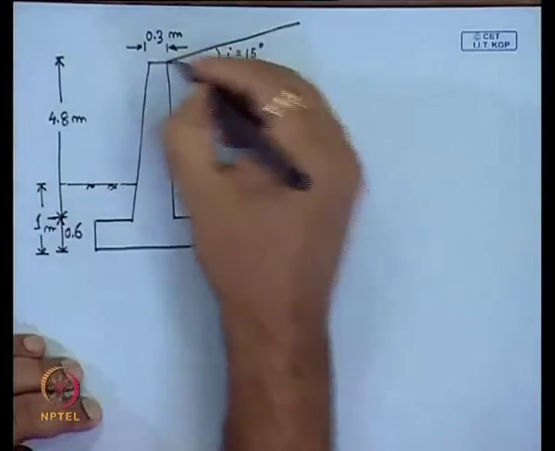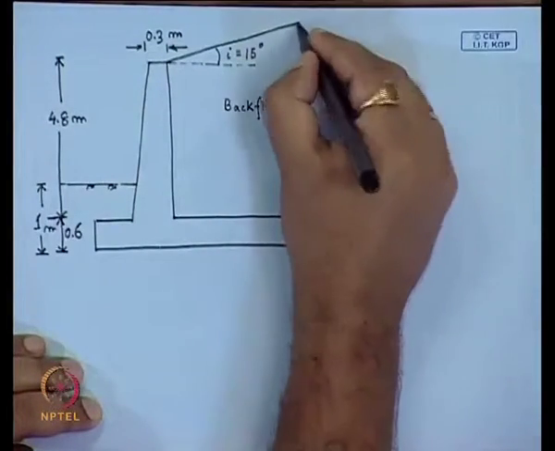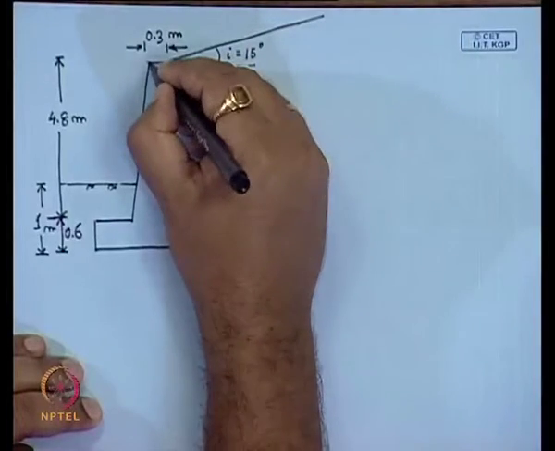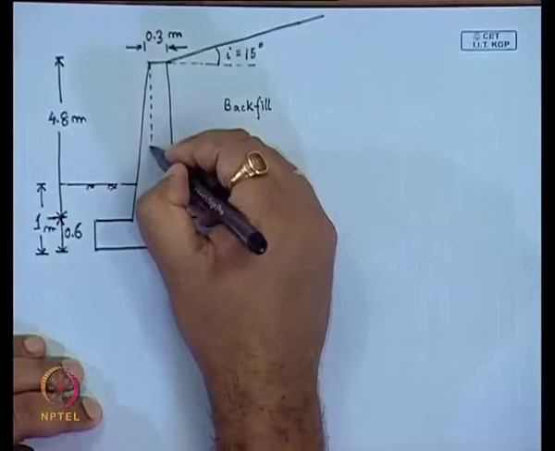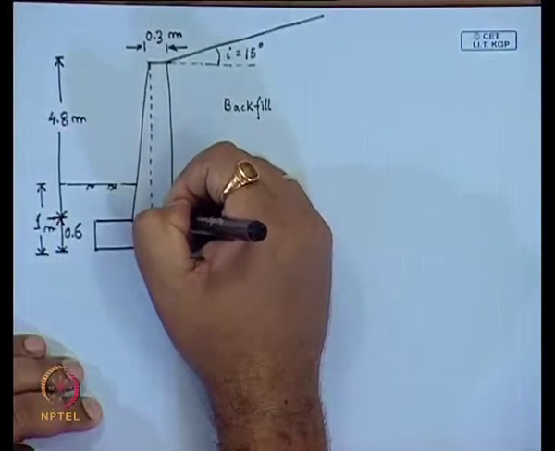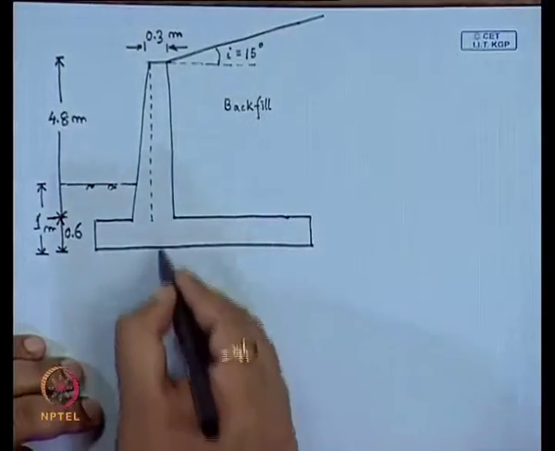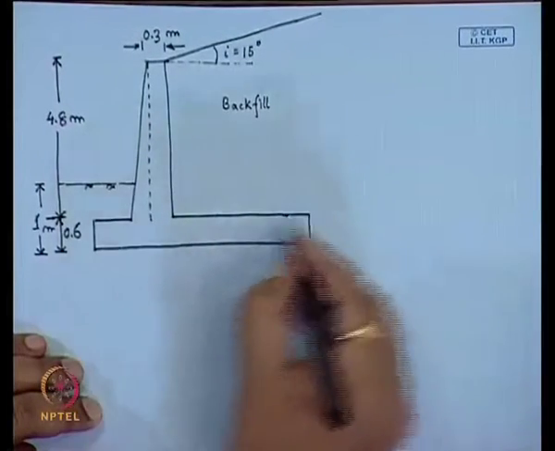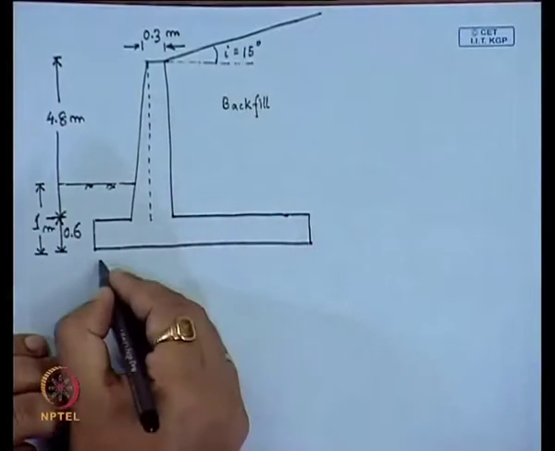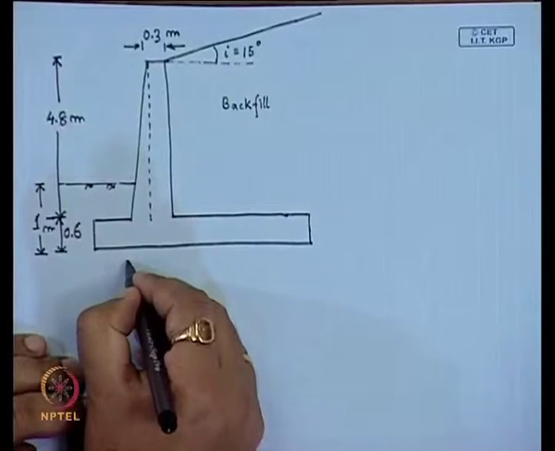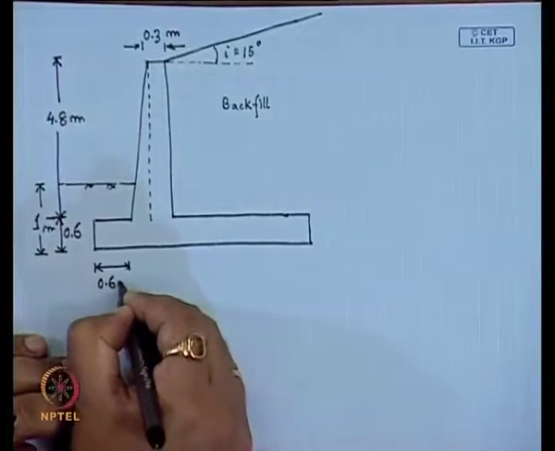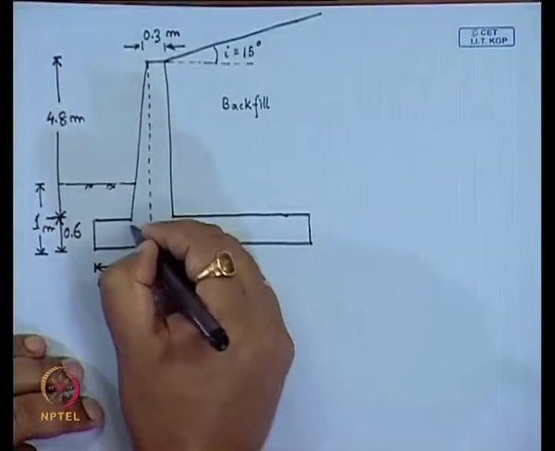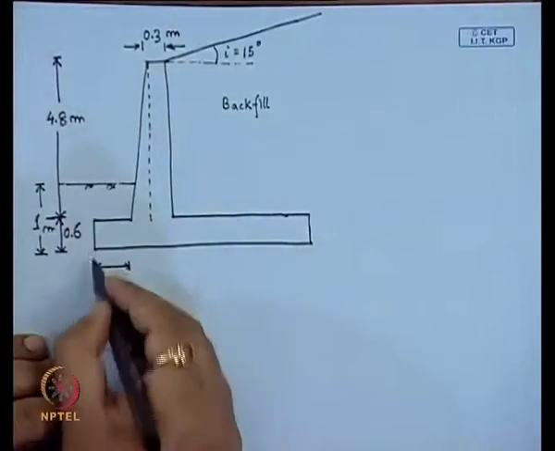Now, what are the other dimensions taken? If we extend this triangular portion, the distance from here to here is taken as 0.6 meter. This is the toe.